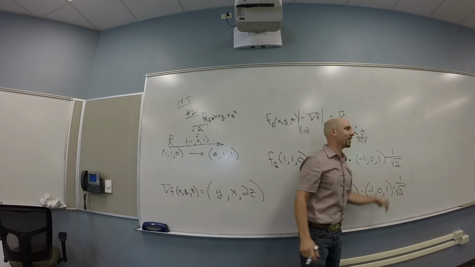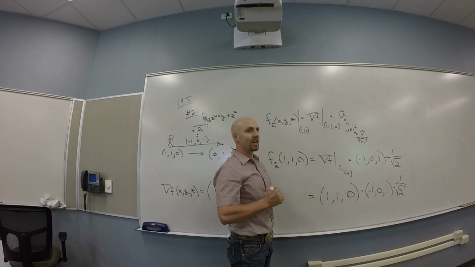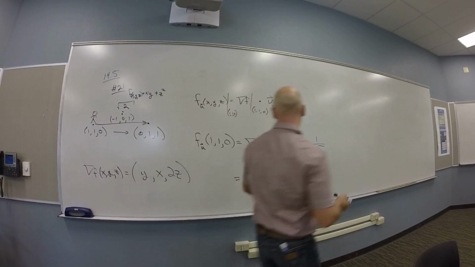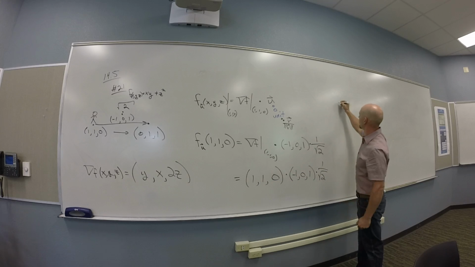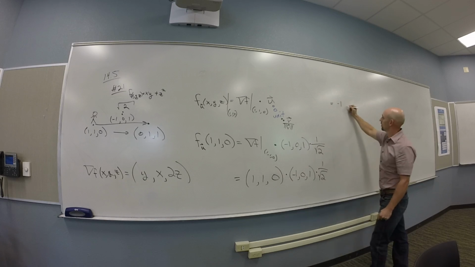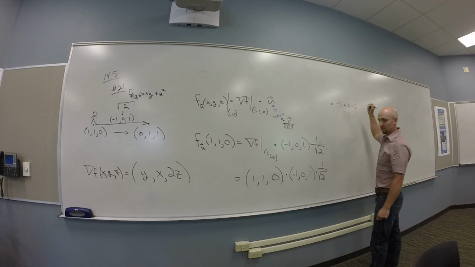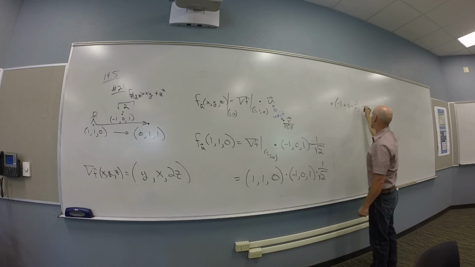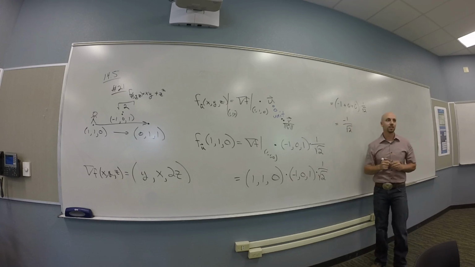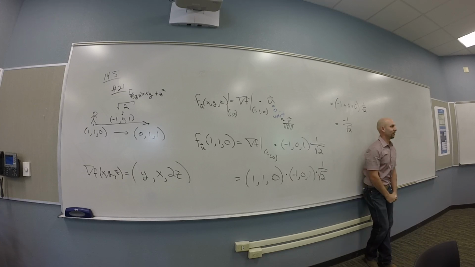That's like scalar multiplication, right? Okay, so what do you get out of this thing? It's equals a number, right? So I got negative 1 plus 0 plus 0. And then all of that times 1 over the square root of 2 gives me negative 1 over the square root of 2. Which tells me that it is what? In the direction I'm looking. Yeah, downhill, whatever hill means in this situation, right?